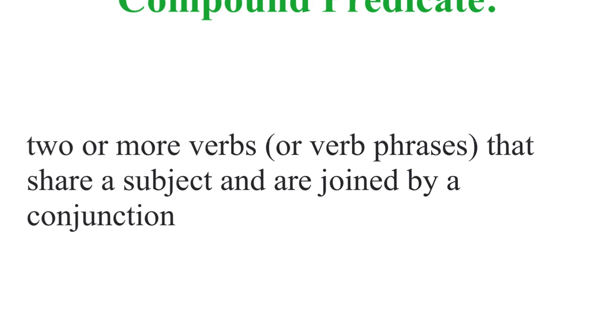Just as there is such a thing as a compound subject, there is also such a thing as a compound predicate. That is when there are two or more verbs or verb phrases that share a subject and are joined by a conjunction. So with a compound subject, there are two simple subjects and one predicate. In a compound predicate, there's one simple subject, but two distinct verbs, two things that are happening.